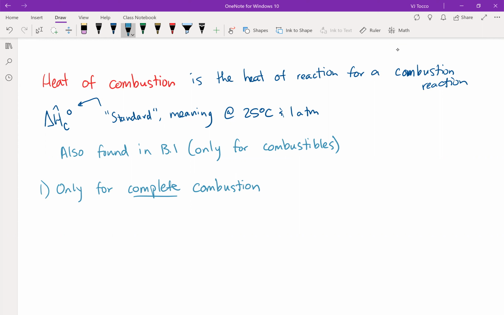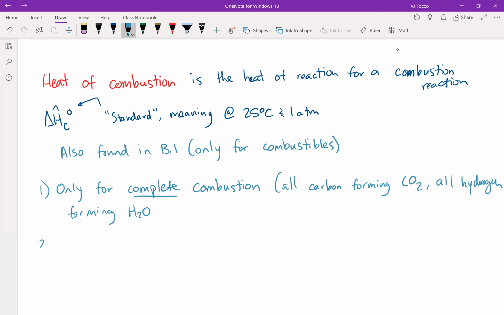So all carbon is forming CO2. All hydrogen forming H2O. So on and so forth. So you could also have all sulfur forming SO2 and all nitrogen forming N2.